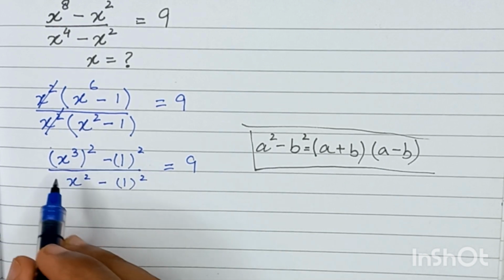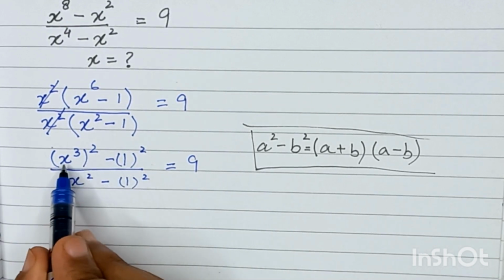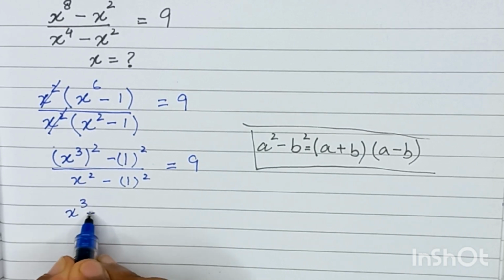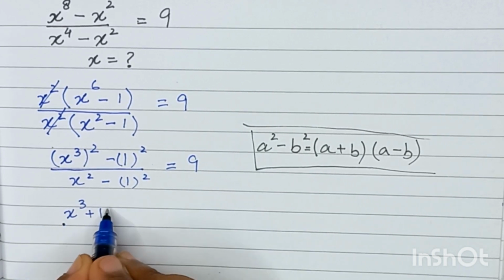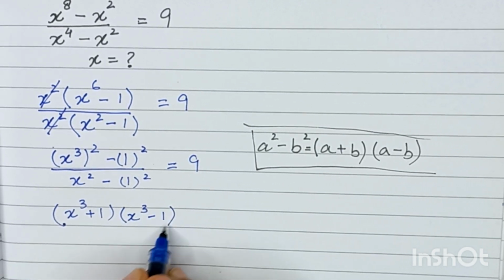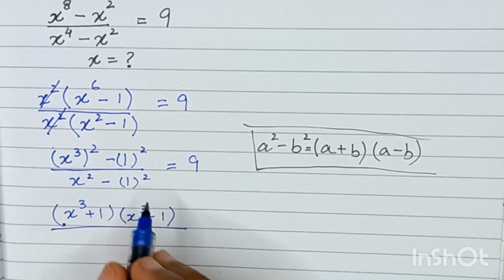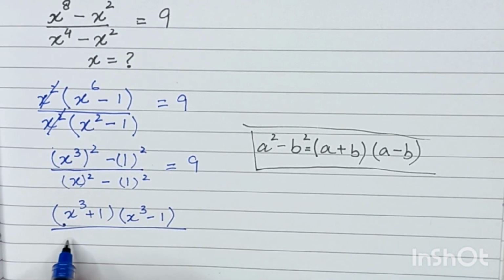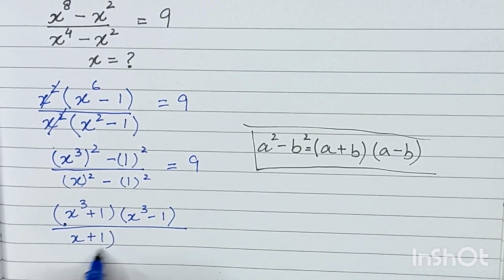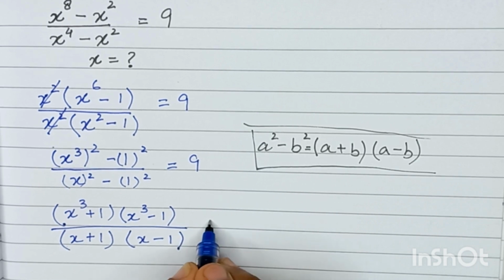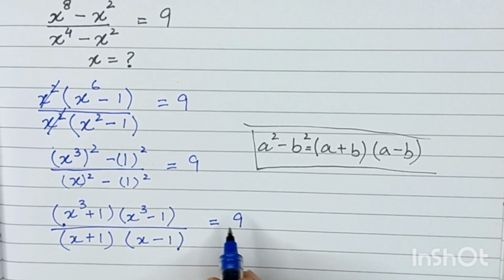So it will become, here a is x^3, so (x^3 + 1)(x^3 - 1), and here a is x, so (x + 1)(x - 1), and it is equal to 9.